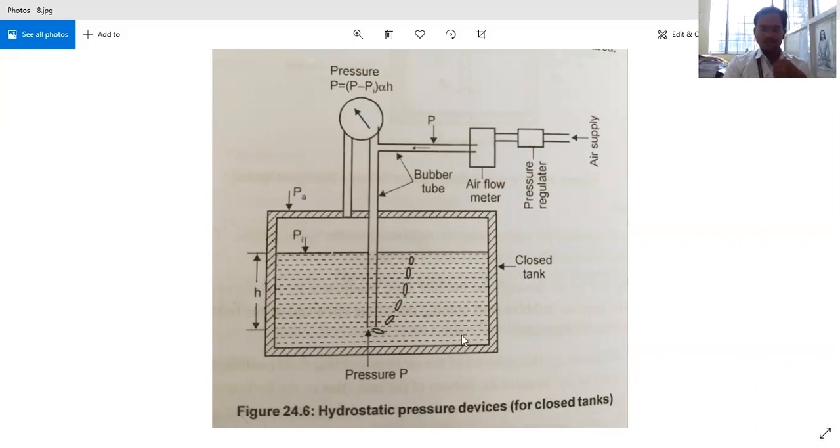So coming to the parts here, we have a closed tank. This is the bubbler tube, airflow meter, pressure regulator. This is the air supply, and this is a differential pressure gauge.